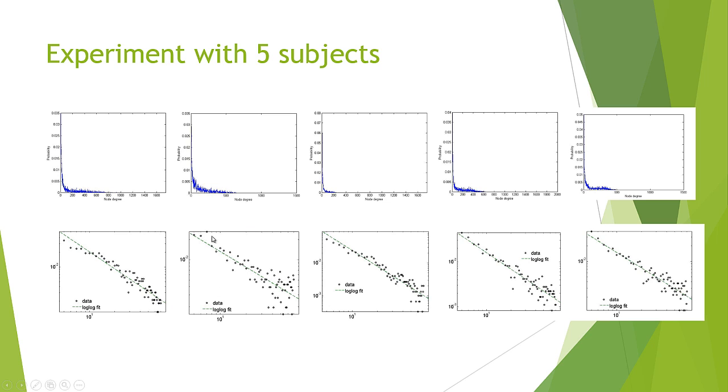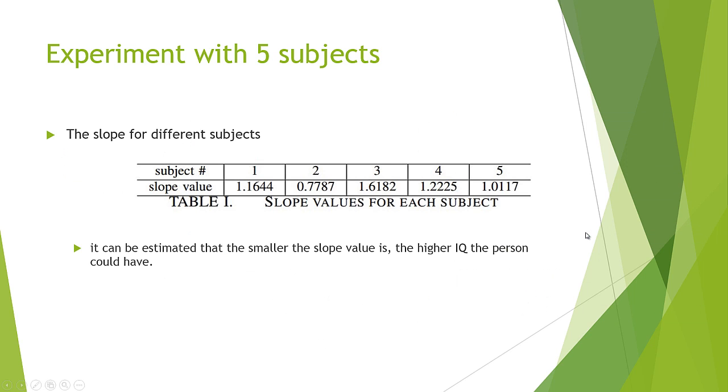We do the same with the second subject, the third subject, the fourth subject, and the fifth subject. So we can see all 5 subjects conform to a certain power law distribution. We fit it, and we get the slope results shown in this table.